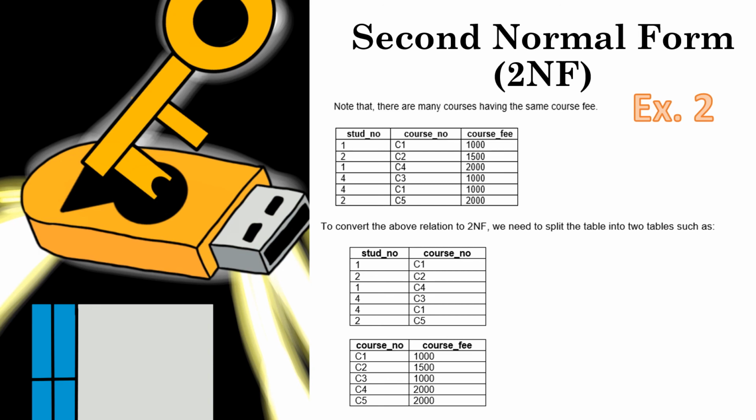So, for instance, if there are 100 students taking the C1 course, we don't need to store the fee as 1,000 for all the 100 records. So instead, we can store it in the second table as the course fee for C1 is 1,000.